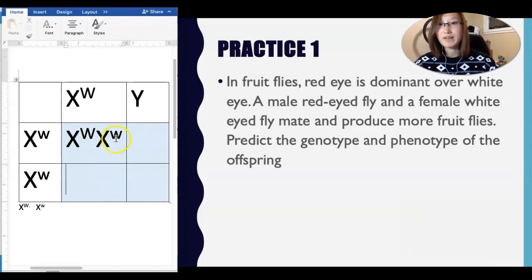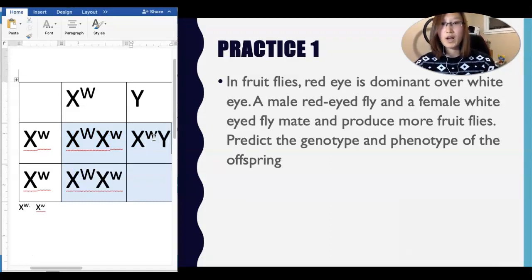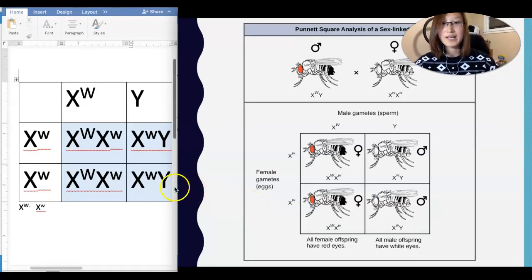So now we're going to have the same thing for this box over here, and then this one is going to be X little w, Y, and then X little w, Y again, right? So if you look at the answer key, it's going to show you the same thing.